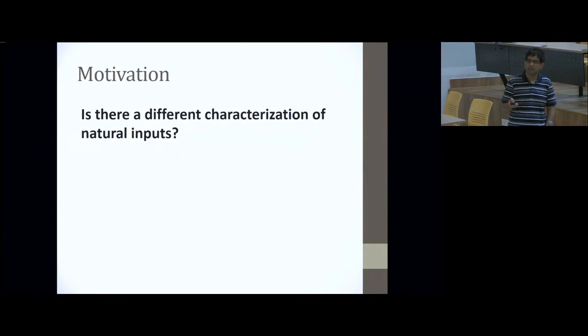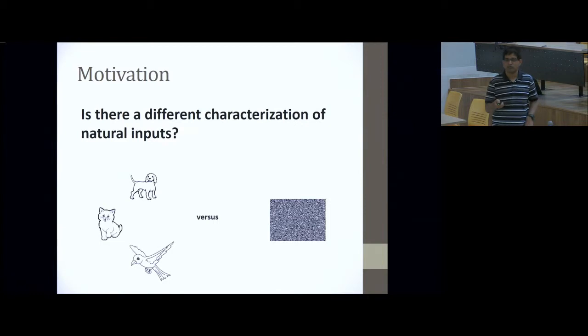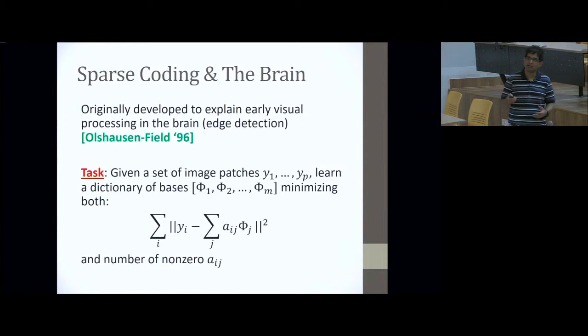And in different kinds of situations, this hypothesis is believed to encode natural inputs. So we're trying to separate, say, natural images which have a succinct representation from noise. And this was in fact exactly the introduction of this question in the scientific literature.